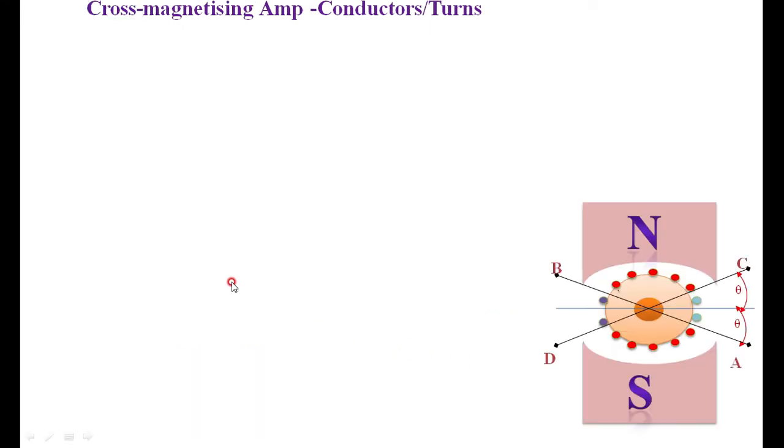Now we will go for cross-magnetising ampere turns per pole. The derivation is very simple. Just a brief introduction: you have a total of ampere turns for a machine. In that, if you deduct the demagnetizing ampere turns, then the remainder is the cross-magnetising. The simple concept is the total number of ampere turns per pole minus the demagnetizing ampere turns per pole gives the cross-magnetising ampere turns.